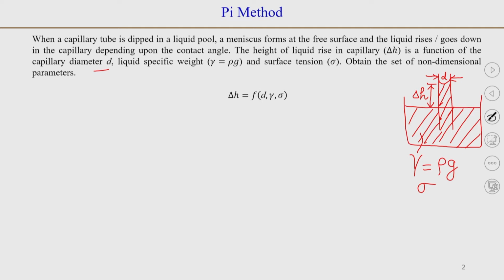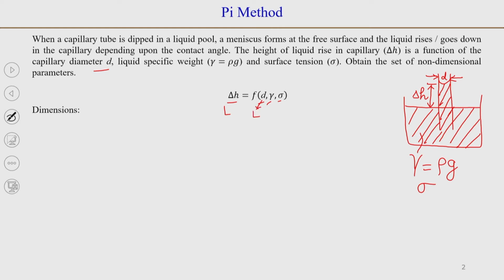So, we have that delta H is a function of capillary diameter d, the specific weight gamma and surface tension sigma. Let us start by writing out the dimensions of these. The dimension of H is L, length. D again has the dimension of length.